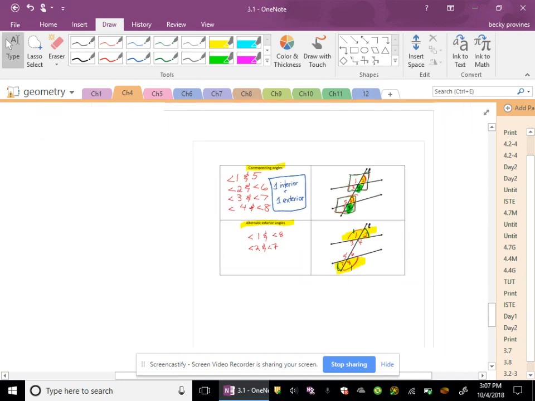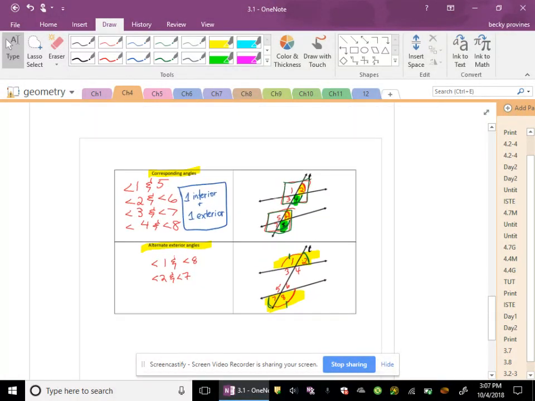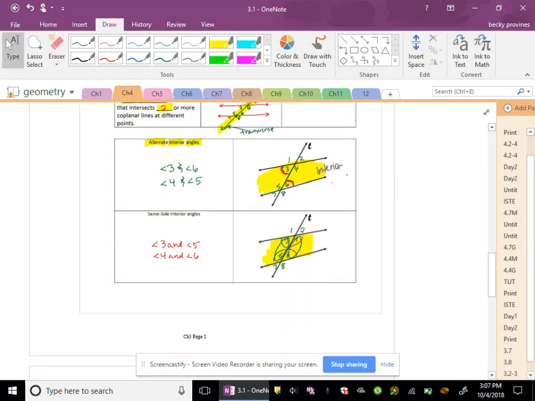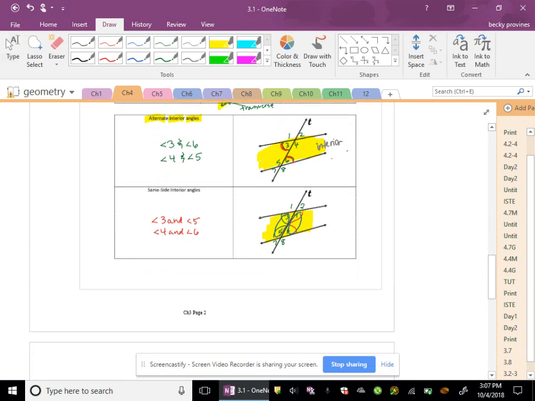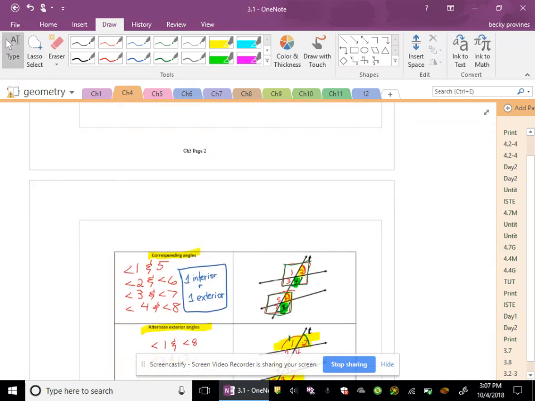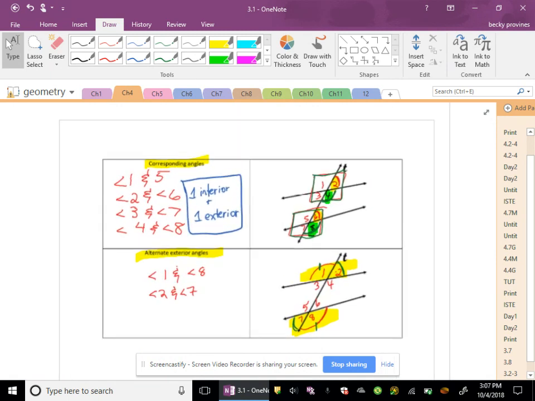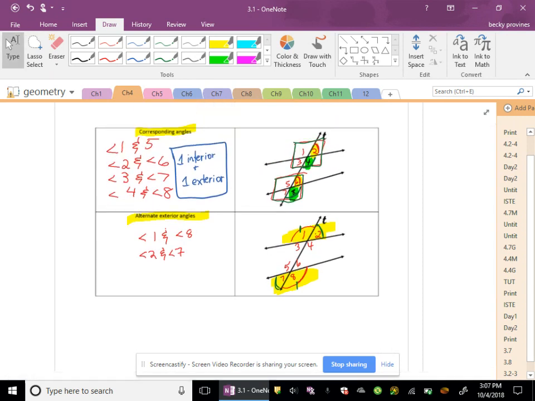Now, today's lesson is just about identification, all the different types. So how many different types did we have today? We had 4. Alternate interior, same side interior, so there are 2 interiors. We have 1 exterior, alternate exterior, and then we have the corresponding where you have 1 interior and 1 exterior.